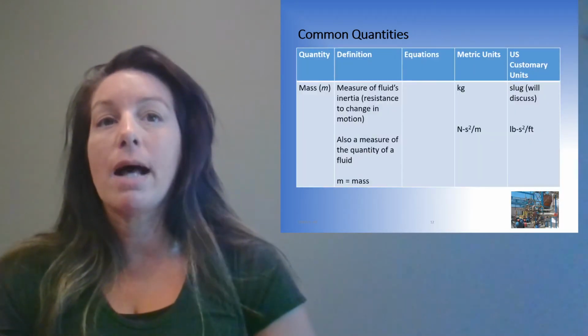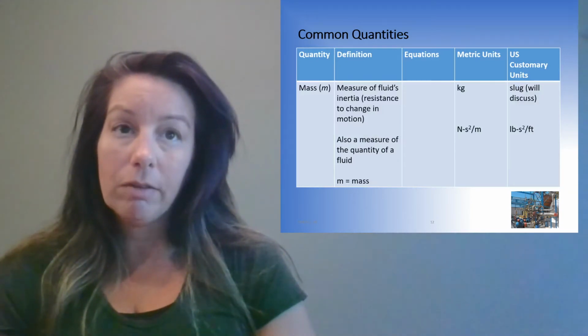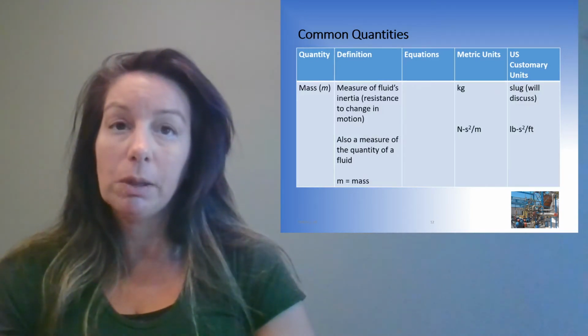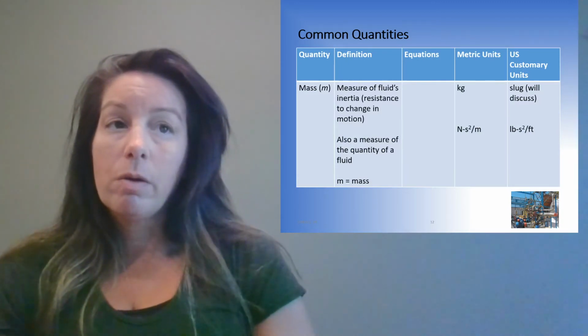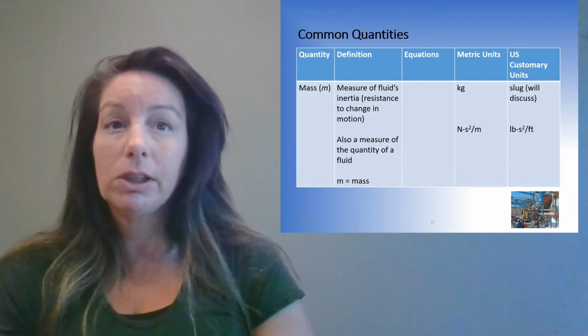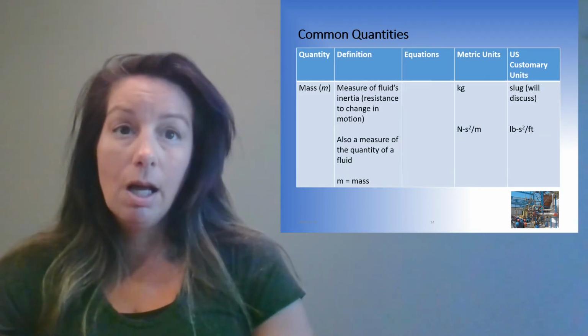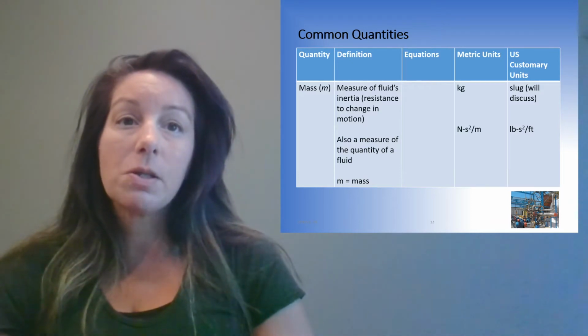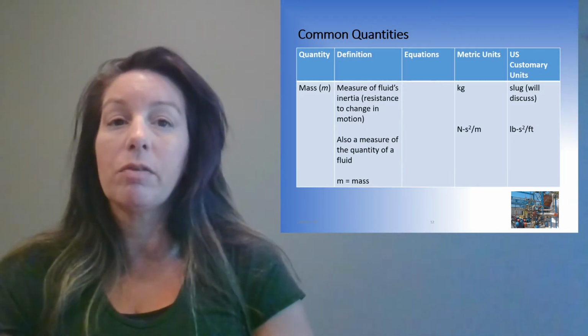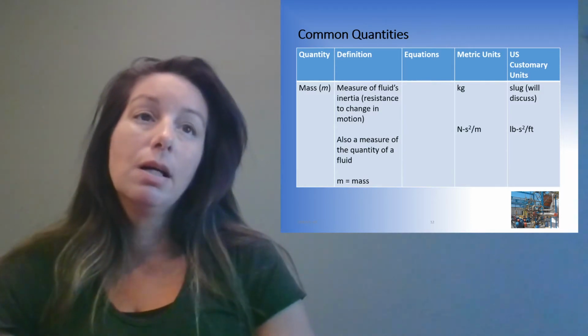So let's start with mass. For fluids, it's the measure of the fluid's resistance to change in motion. So remember, force equals mass times acceleration. So it's a measure of the resistance to that change in motion, that acceleration. It also is a measure of the quantity of a fluid. So lowercase m, it's in kilograms.